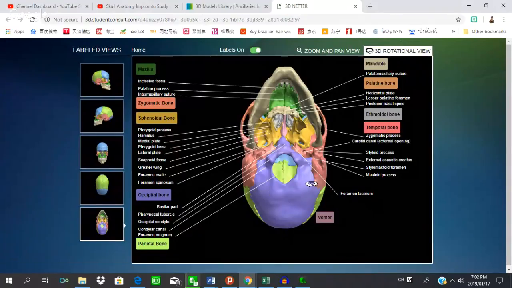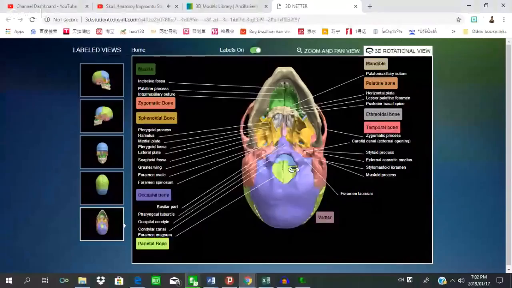And you have this great big hole right there, which is known as the foramen magnum. Foramen is basically a hole, because that's Latin.